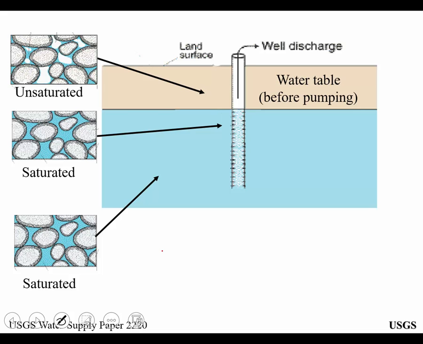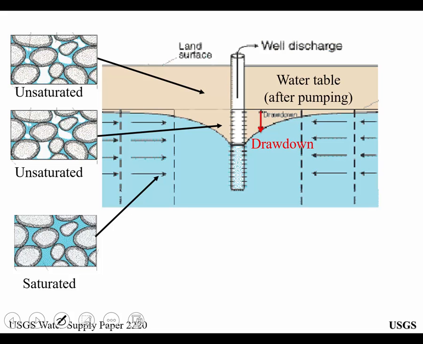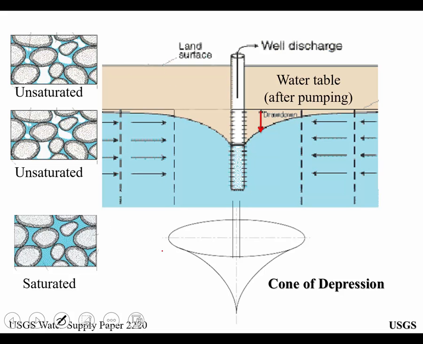Okay. So let's take that unconfined surface, this water that's saturated, and we're going to pump it. And when you pump it, there's a certain amount of water that's withdrawn, and it forms what we call a cone of depression. So it decreases in elevation logarithmically, and of course radially, hence the cone analogy.